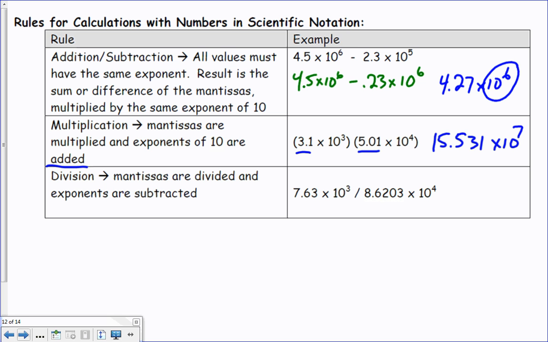Division. The mantissas are divided, and then we subtract the exponents. So this is 7.63 divided by 8.6203 equals 0.88512 times 10.